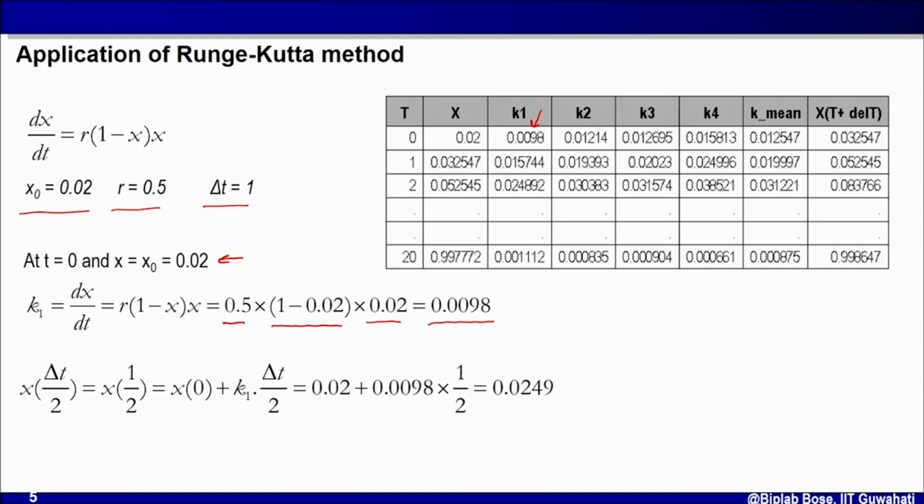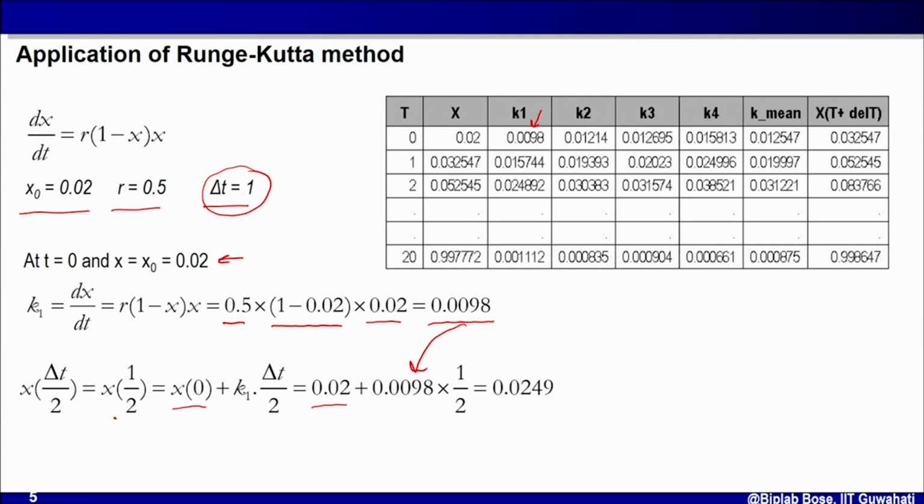So the new value of x there will be x at delta t by 2, that is x at 1 by 2, equal to x at 0 plus k1 into delta t by 2. That is x at 0 time point is 0.02, it is already given here, plus the slope I have calculated, so this slope comes here, into 1 by 2.